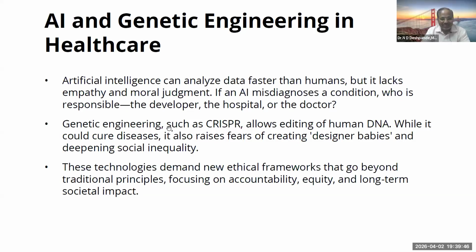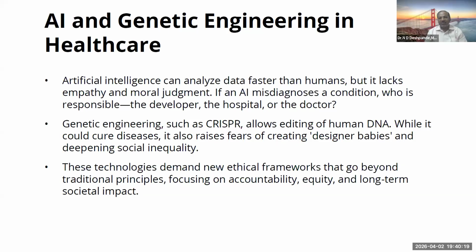Genetic engineering, such as CRISPR, allows editing of human DNA, raising a complex outlook on changing the DNA itself. While it could cure diseases, it could raise the fear of creating designer babies. So you might have seen, a new baby being born with blue eyes or fair skin or something like that, which in fact deepens the social inequality which already exists.